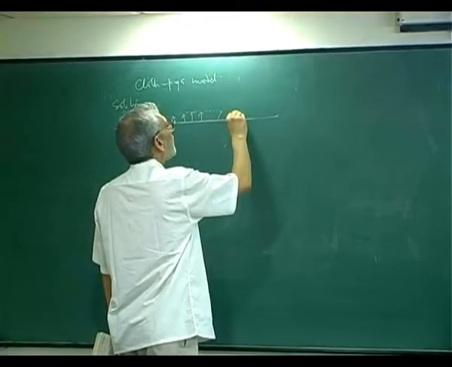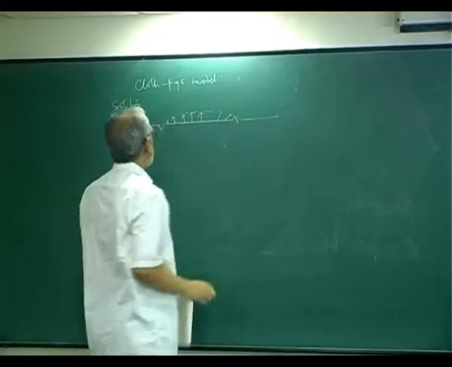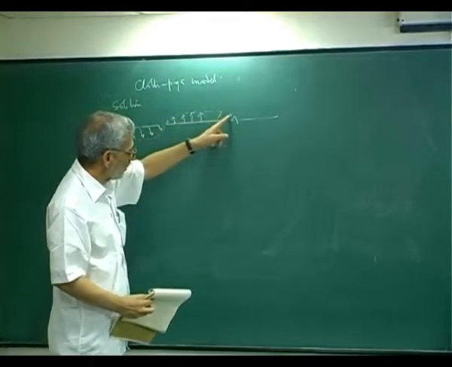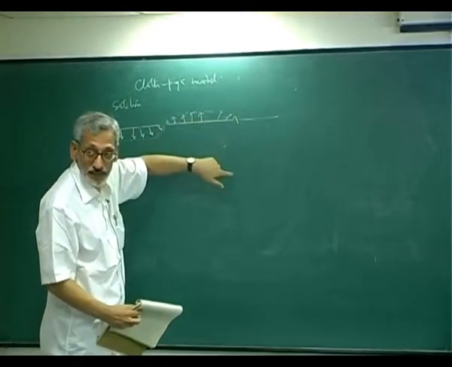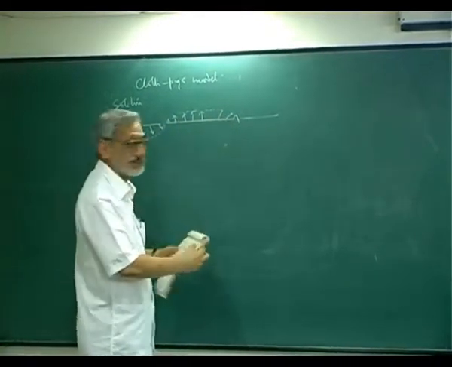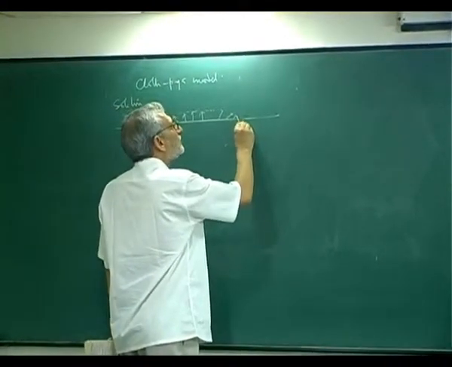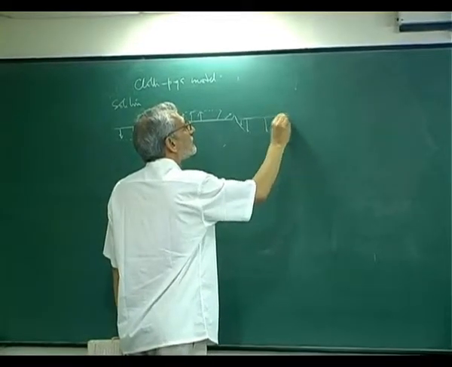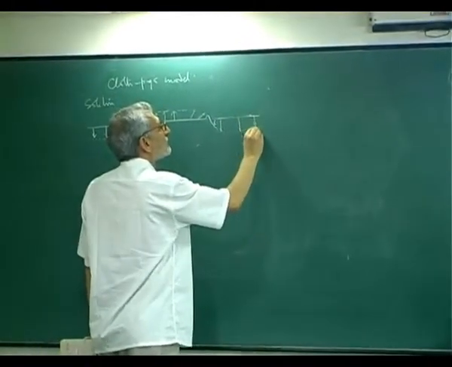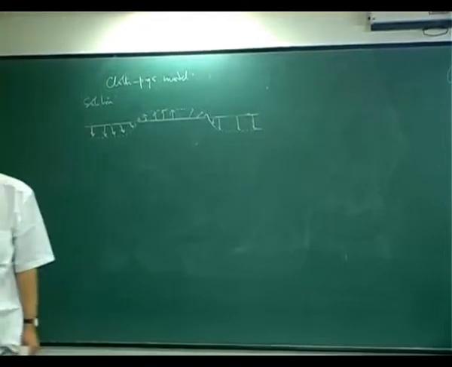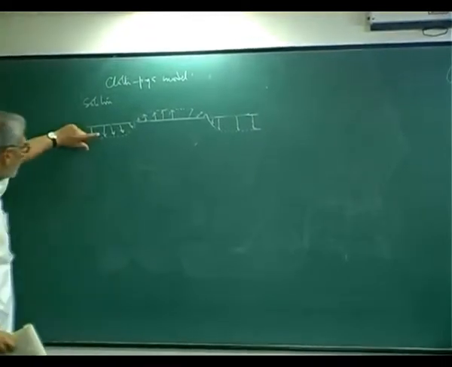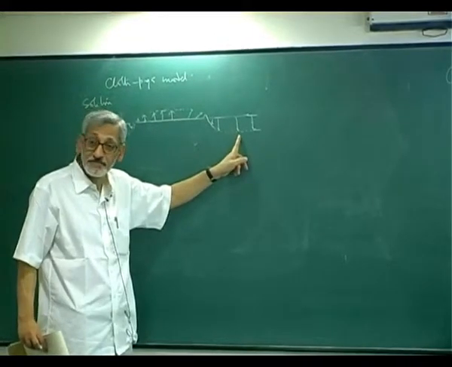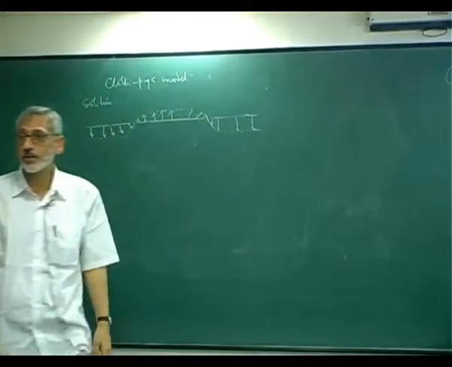Here, this was above the line, and now the line is behind. The pegs are above the line now. So the peg has taken a complete 2 pi rotation and come back to this position. So that's what a soliton is.